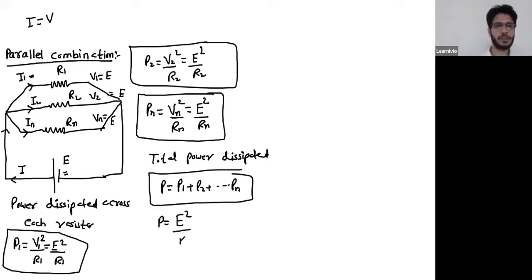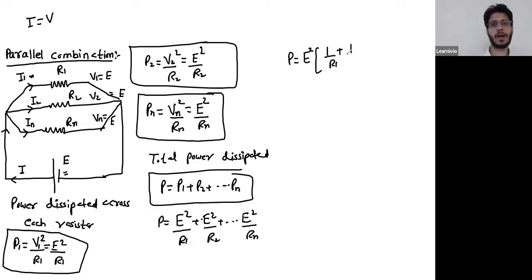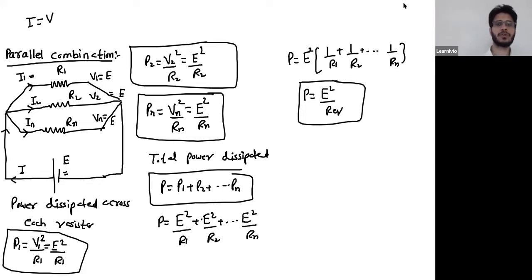Or you can write E square by R1 plus E square by R2 up to E square by Rn. E square is common, so you are left with 1 by R1 plus 1 by R2 up to 1 by Rn. You can write this as P is E square by R equivalent.